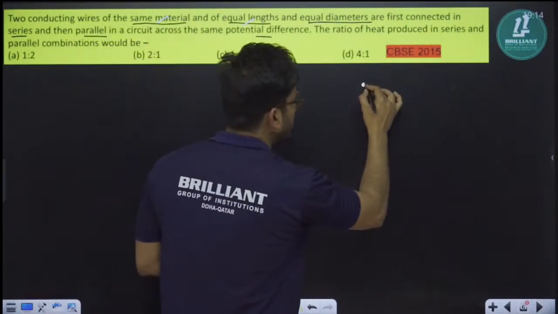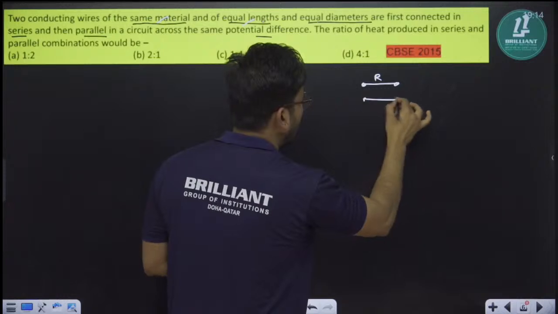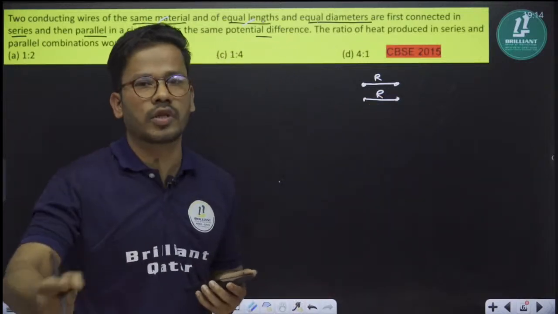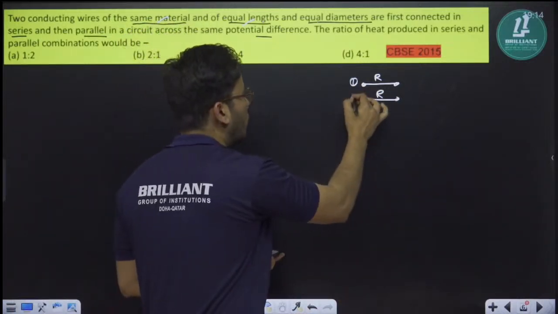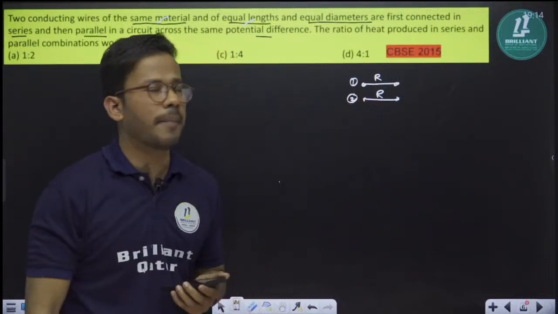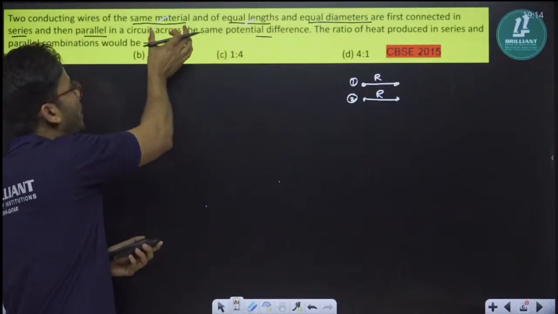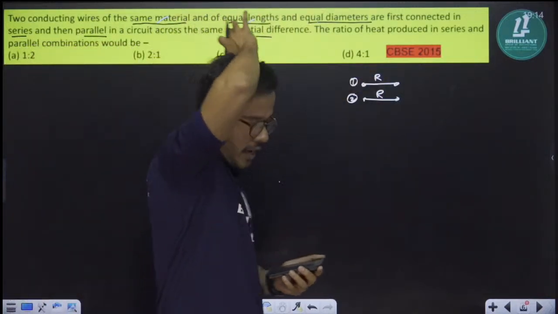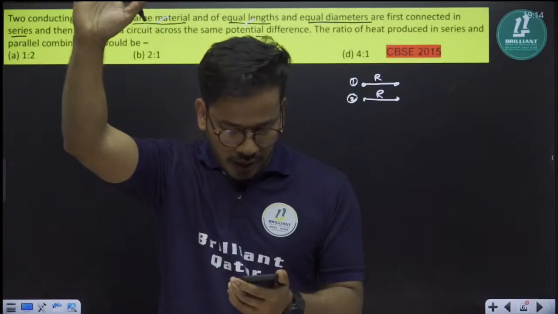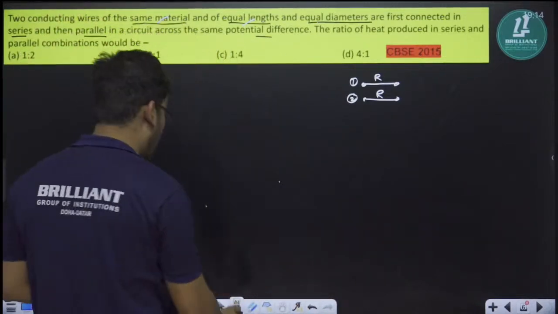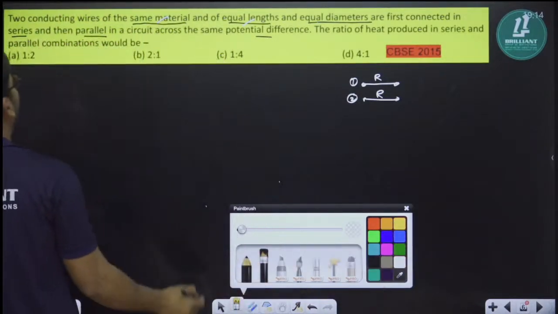So let the resistance of both wires be R. How can I take the resistance the same for both wires, wire number 1 and wire number 2? Because the question is telling you that they are the same material, equal length, equal diameter. Now, first connect them in series.